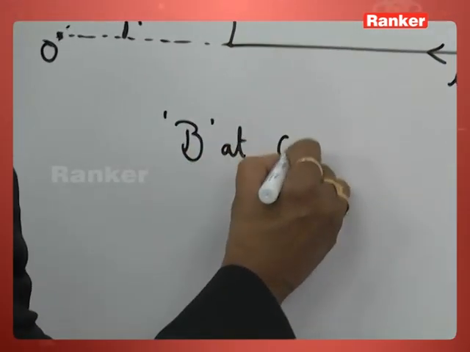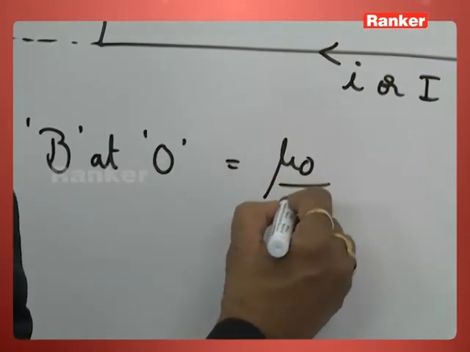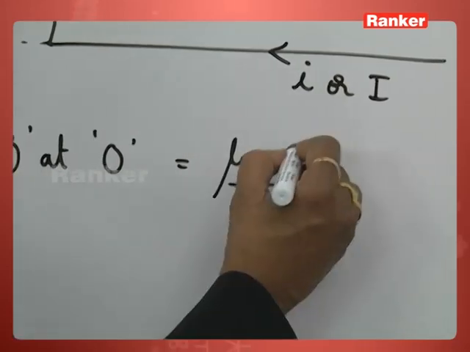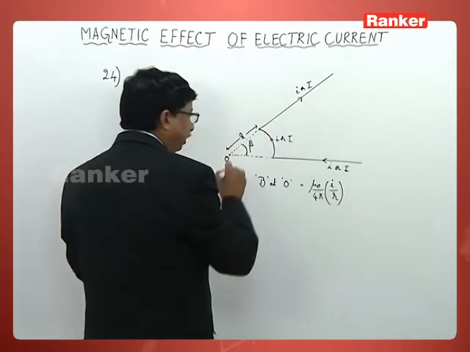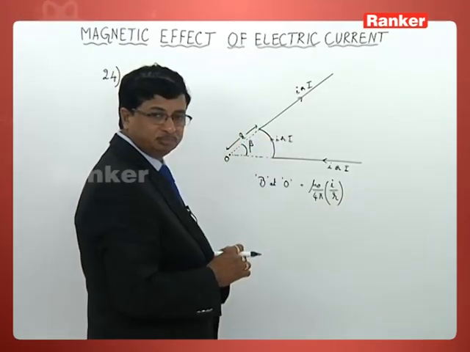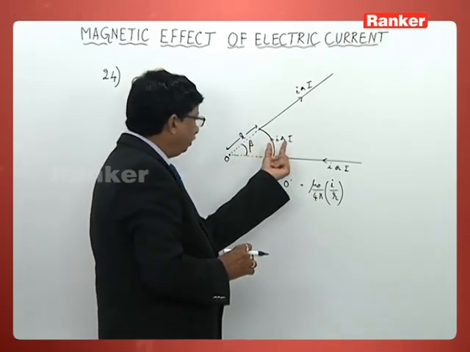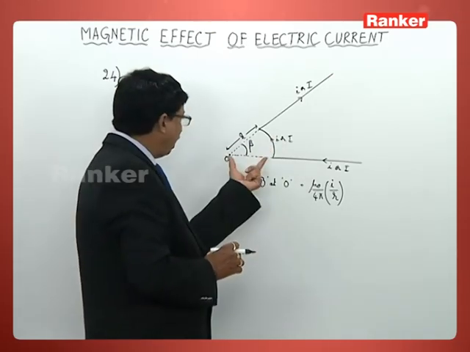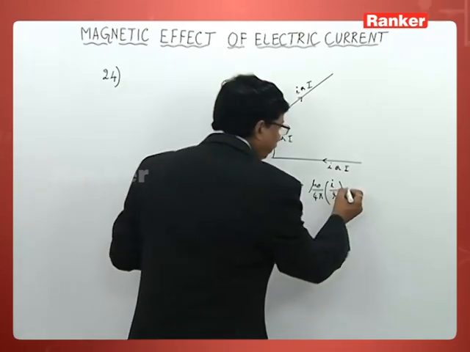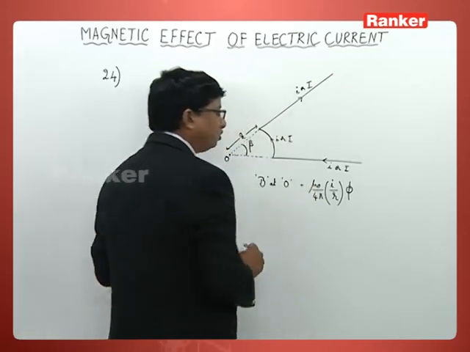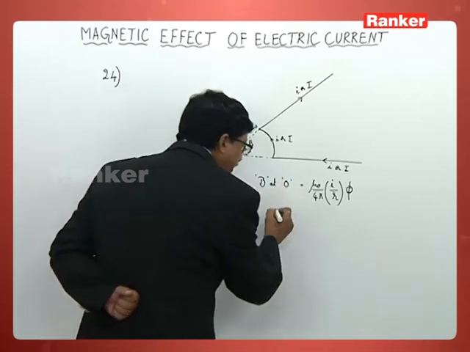B at O is mu naught by 4 pi into I by R into phi, that is the actual formula. Mu naught by 4 pi into I by R, where I is the current passing through and R is the radius, into the value of phi. That's the formula we have to apply.